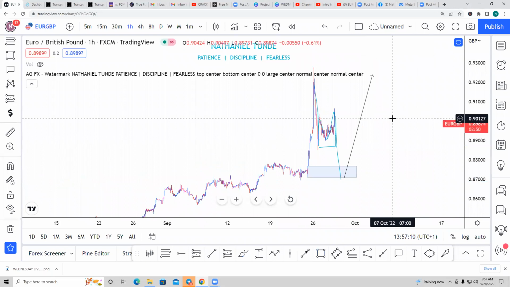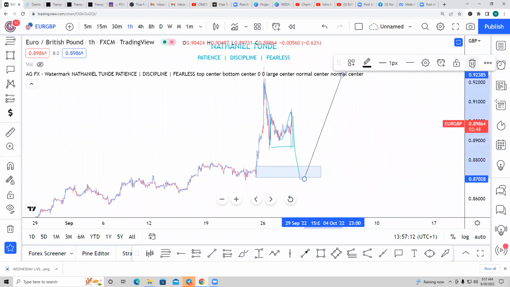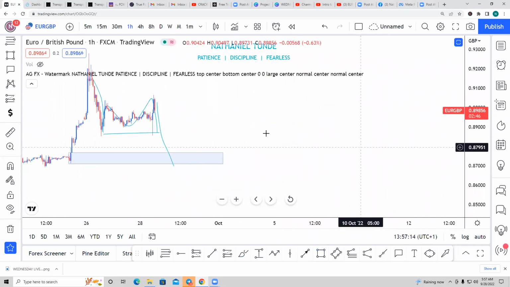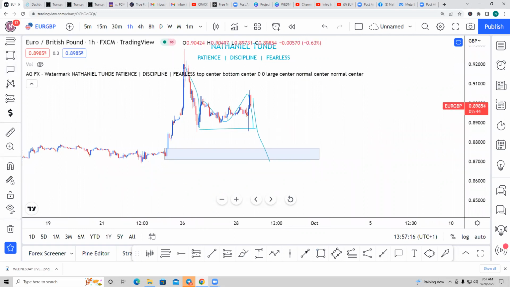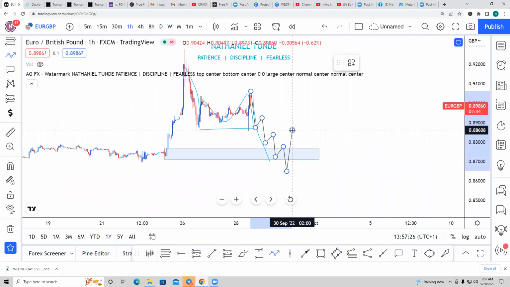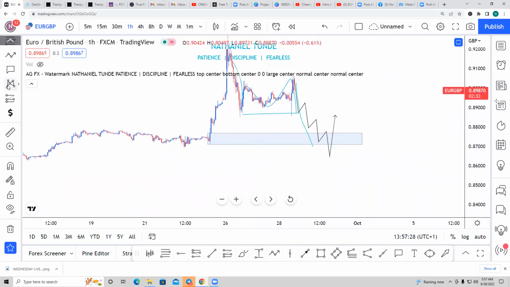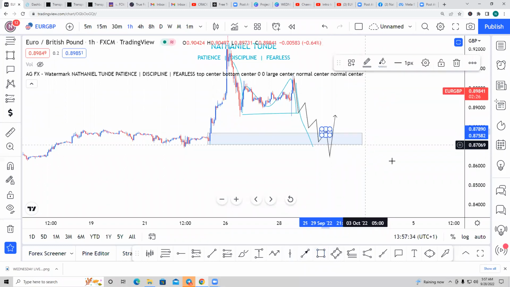And as I said earlier, if you want to be conservative in your entry, if you want to refine your entry, you can wait. If the market is trending down, you want to see when internal structure is taken. How do you know internal structure is taken? You see this last resistance.